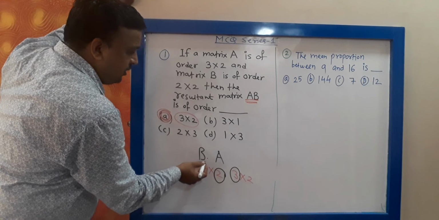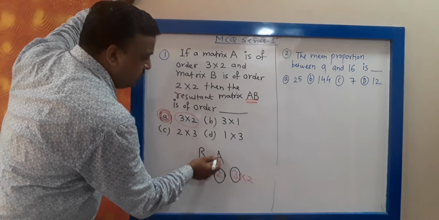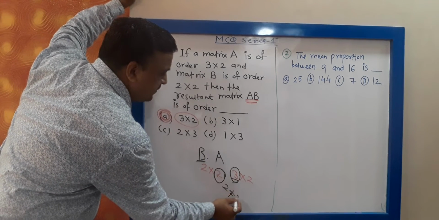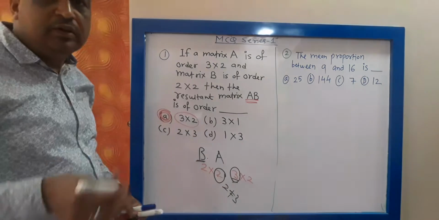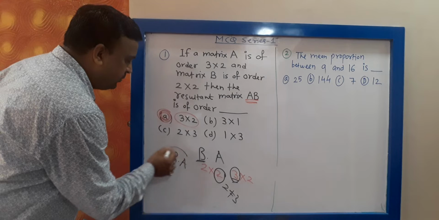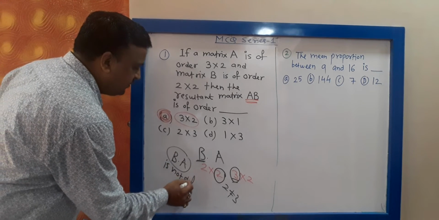So the number of columns of B is 2 and the number of rows of A is 3. So 2 is not equal to 3. So B dot A is not defined.